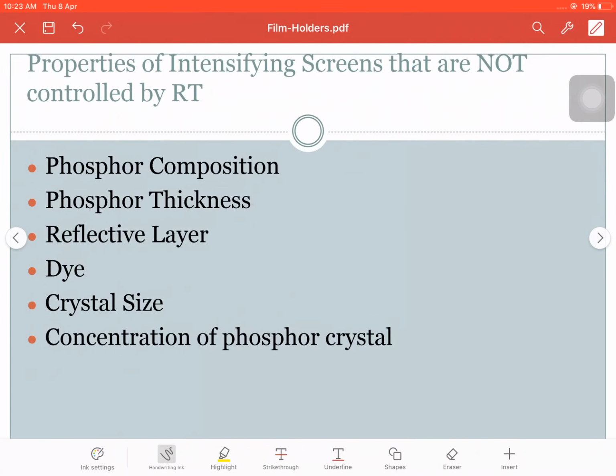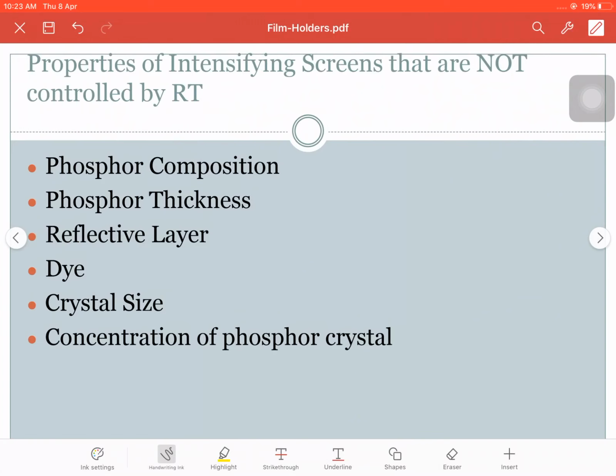Okay, so actually intensifying screens have properties which the RadTech cannot control. First is the phosphor composition, in which the rare earth efficiently converts X-ray into visible light.